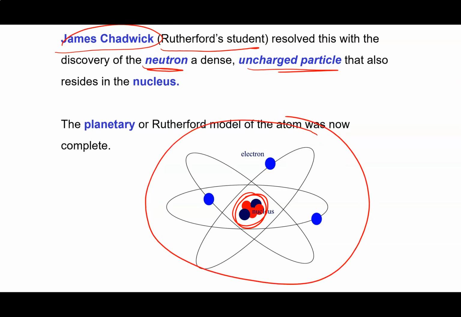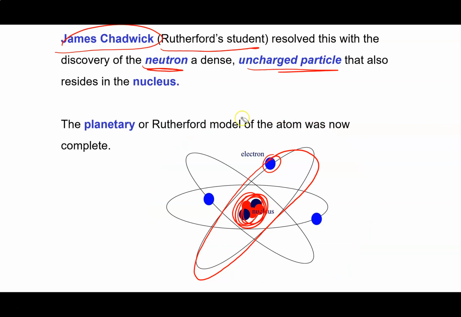It looks kind of like the logo for the TV show Big Bang Theory, right? Where you've got this nucleus. It's positively charged due to the presence of protons, but it also contains neutrons. And then a long way from that nucleus are the electrons. Now, most of these diagrams, or almost all of these diagrams, are never drawn to scale because the electrons are so far away from the nucleus.